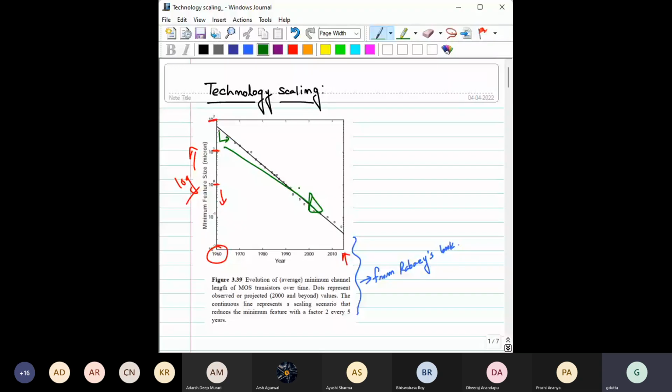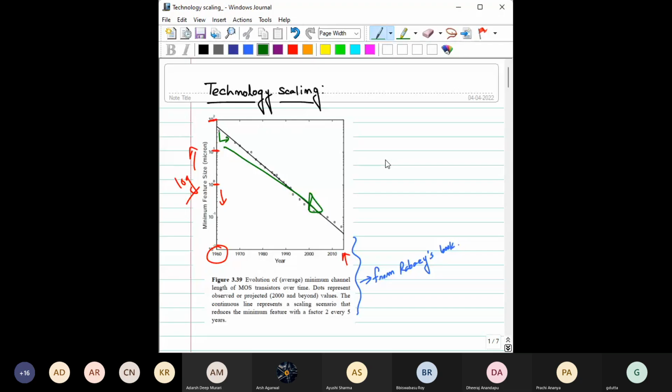And what are the advantages, why do we actually scale? One is obvious: we want more devices in the same area, we want to increase the device density. That is one obvious advantage. Is there any other advantage in terms of power, in terms of delay?